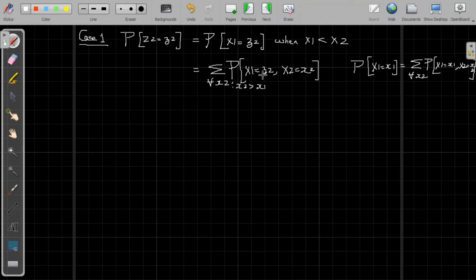Moreover, we noted here that the only sample value of x1 is z2. So instead of this x1, we can write z2 here.